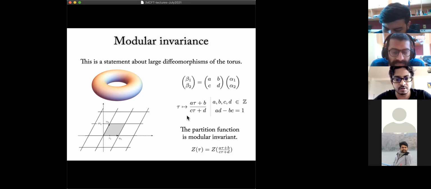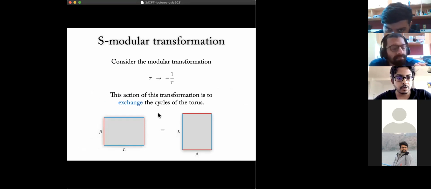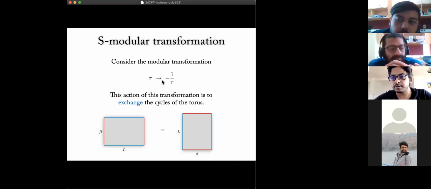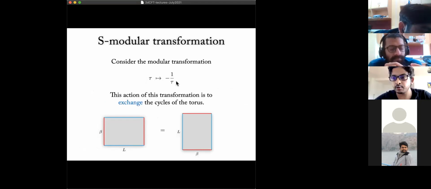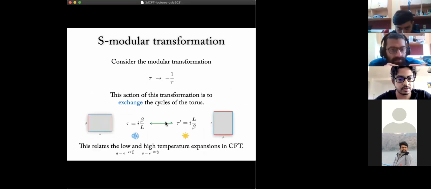And as I said, the partition function remains invariant under this transformation. Okay, so now let's consider the S modular transformation in detail. That's tau going to -1 over tau, which is nothing but exchanging the cycles of the torus.